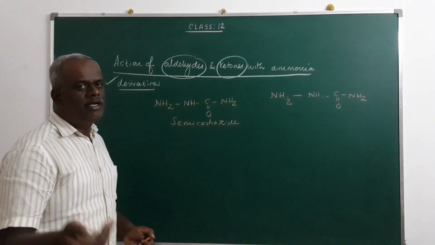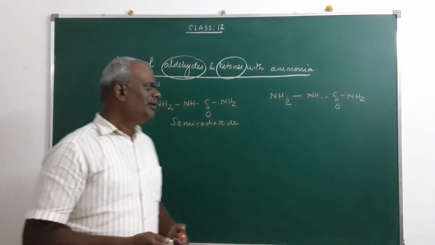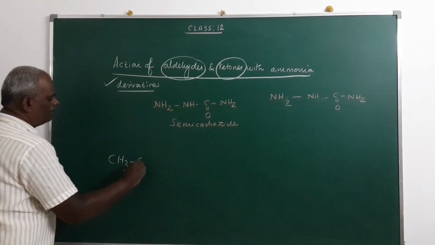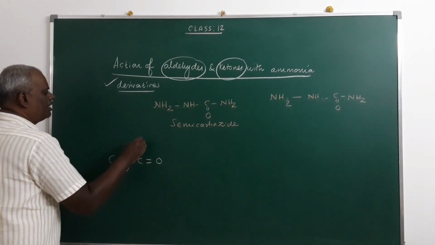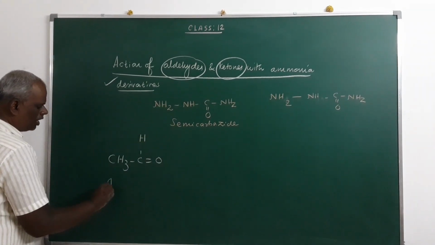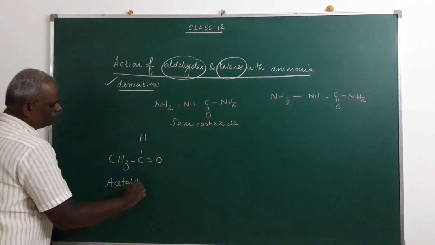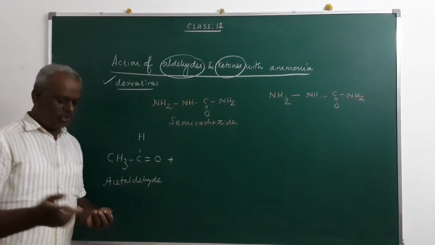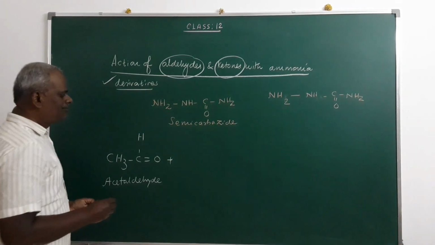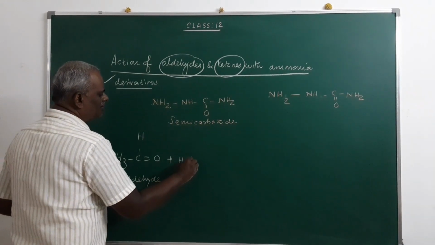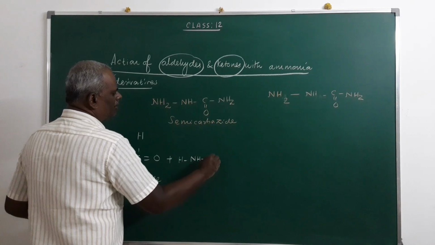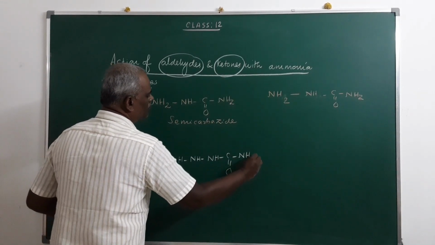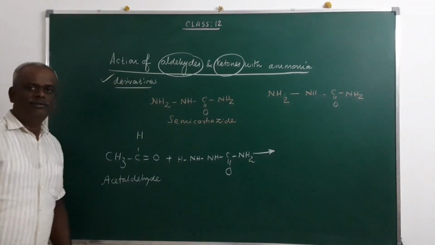How are aldehydes and ketones reacting with the semicarbazide? Here I will be selecting the acetone or acetaldehyde. Anything can be selected. Even the benzaldehyde can be written. Here I have started with acetaldehyde. The other reactions are taking place in the same manner. And I will be writing the hydrogen NH, double bond O, NH2. This is the compound called semicarbazide.